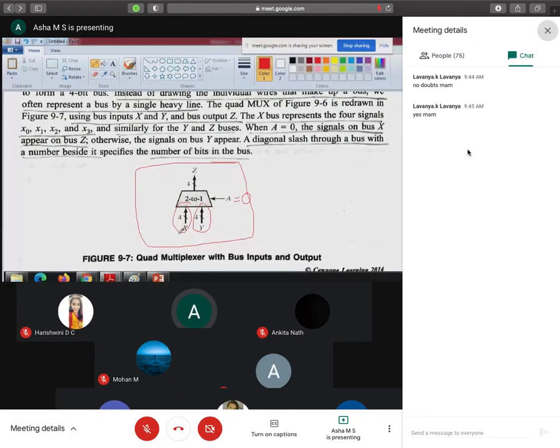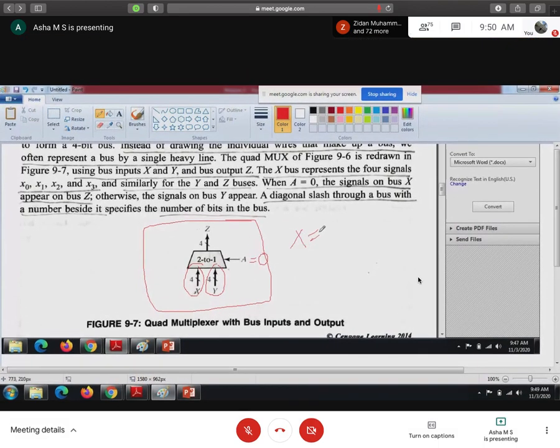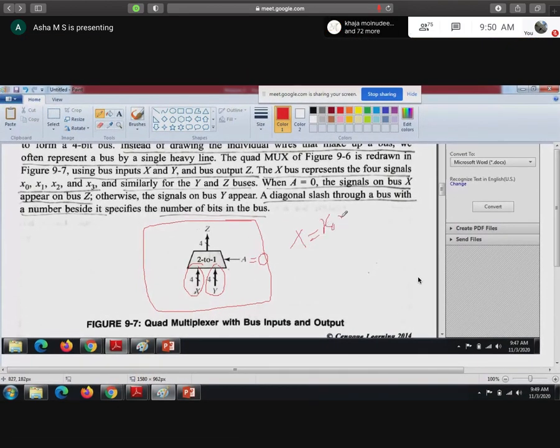So what is the value of capital X? What is there under this x? Under that x I have x0, x1, x2 and x3. That is the 4-bit data. When a equal to 0, this will be selected and reflected at z. When a equal to 1, y will be selected and reflected at z.